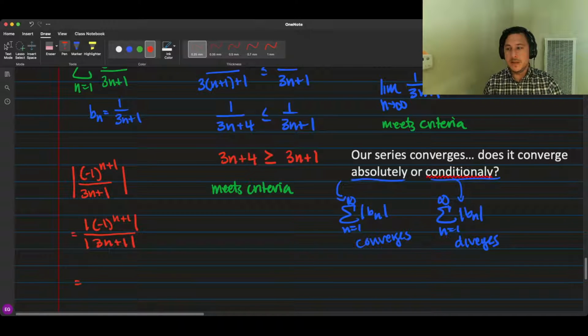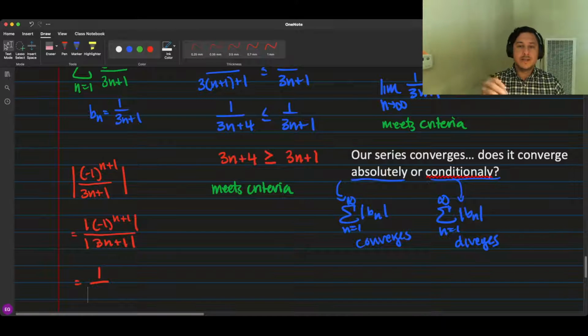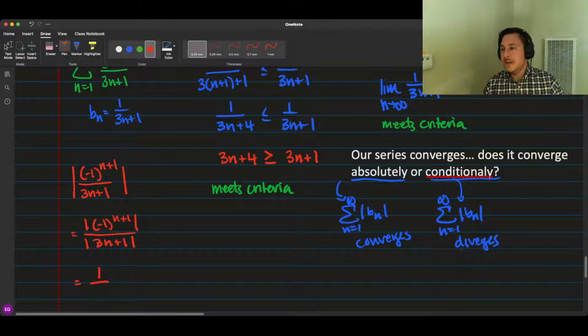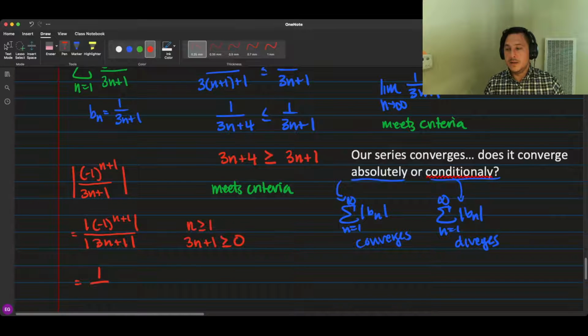What will that always be equal to? Looking at this top part, it's just going to be 1, because it was -1 and +1 flipping back and forth, the absolute value of that will just be 1. Now, luckily, because n is greater than or equal to 1, 3n plus 1 is always greater than or equal to 0. So when you take the absolute value of it, the absolute value symbols just go away.